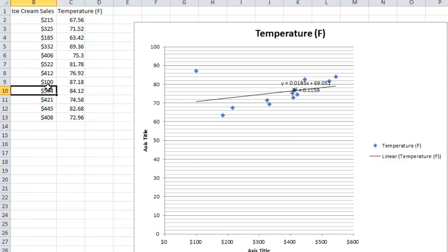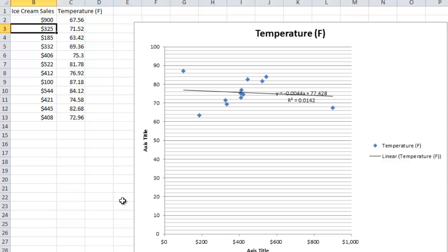If I go here to one of my low temperatures, and let's say that I sold $900 then. Now you notice that my r squared is a lot lower, and my line is closer to horizontal. It's harder to draw a line that goes through or close to a bunch of those points.